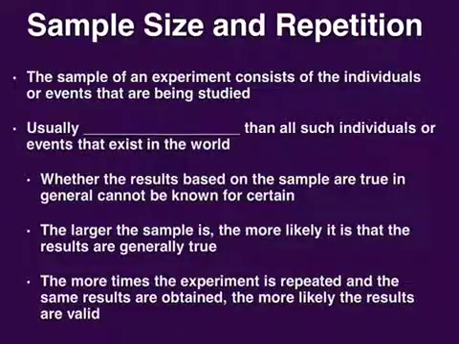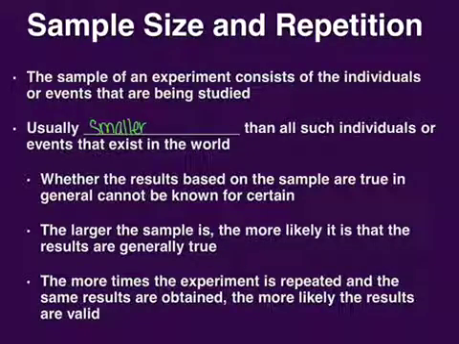When we look at errors or shortcomings in scientific experiments, we could look at sample size and repetition. The sample of an experiment consists of the individuals or events that are being studied. So usually your sample size is smaller than all such individuals or events that exist in the world.